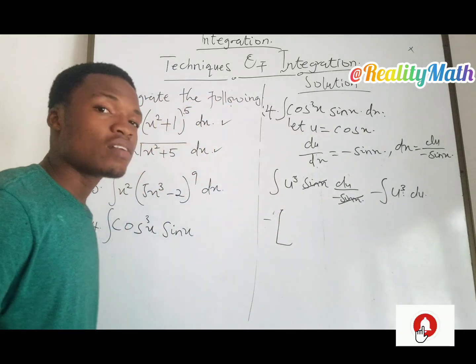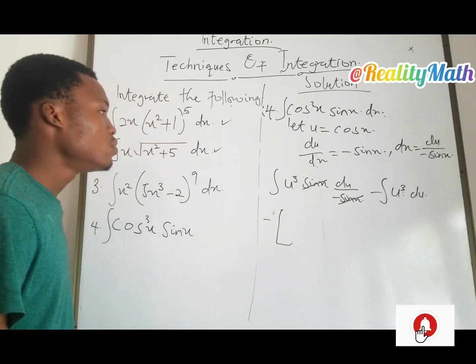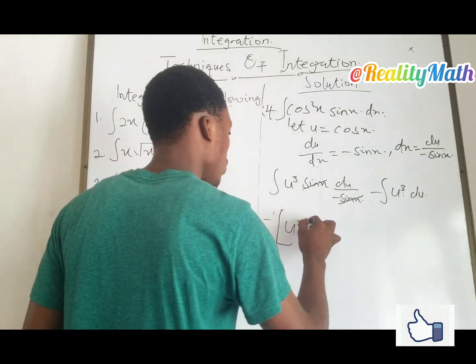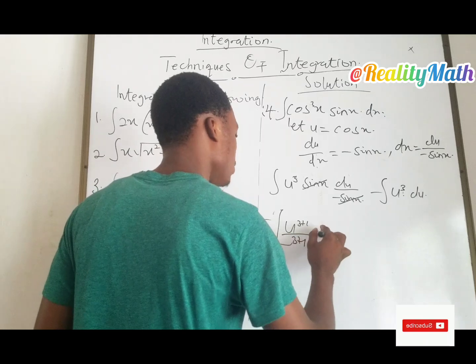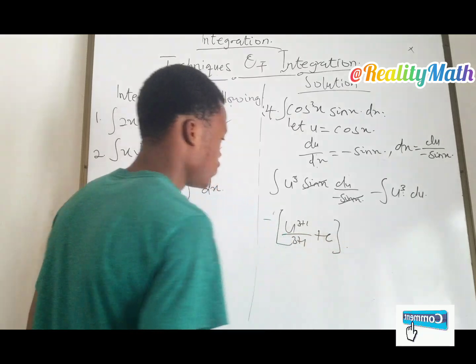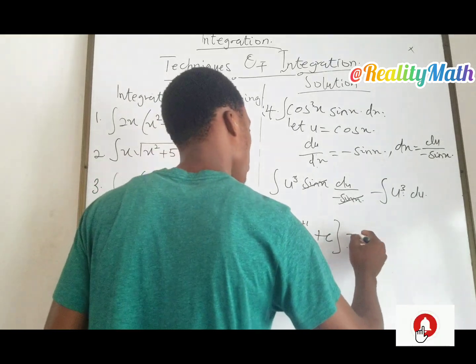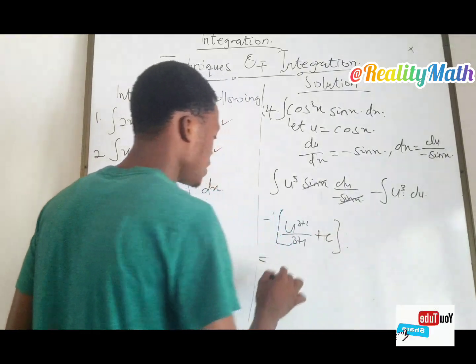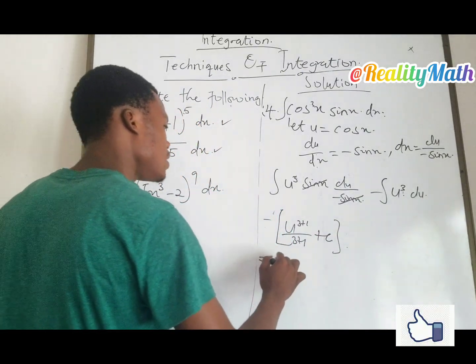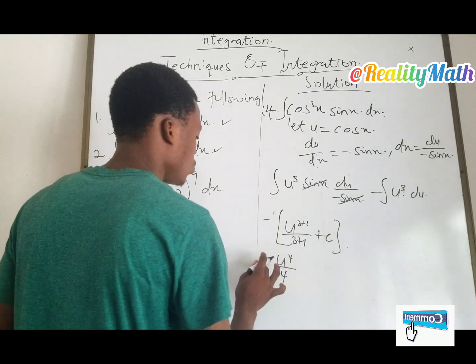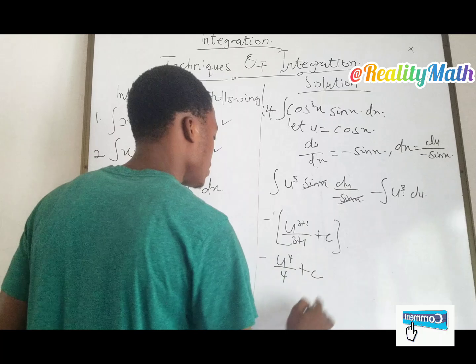And then integrating this, we get u to the power 3 plus 1 all over 3 plus 1, plus some constant c. So what is that going to give us? We are going to get minus u to the power 4 all over 4, plus our constant c.